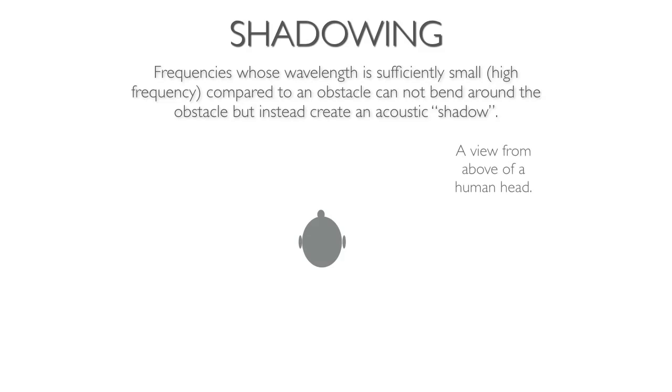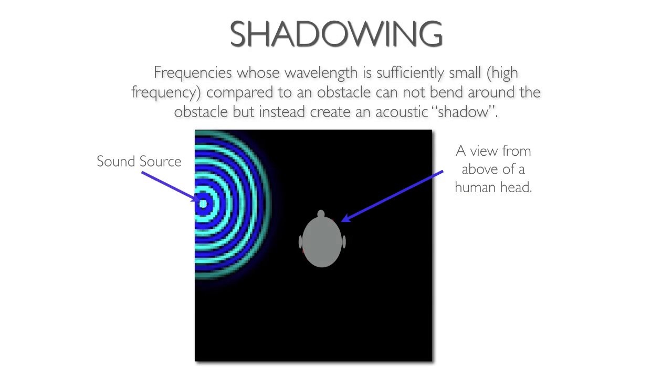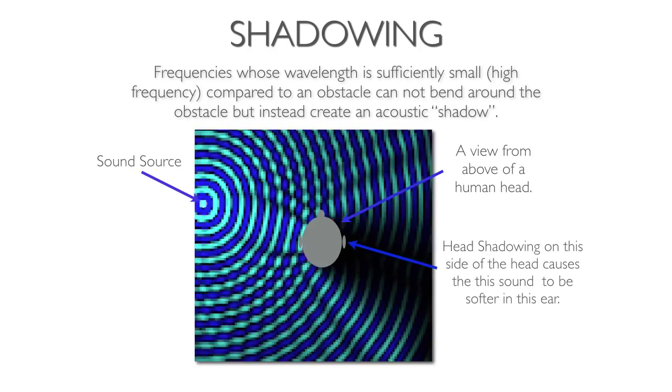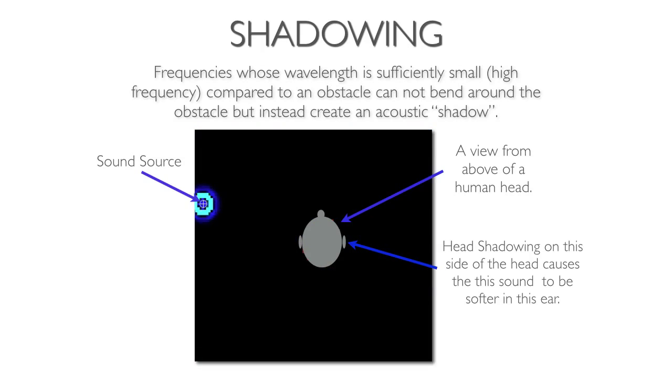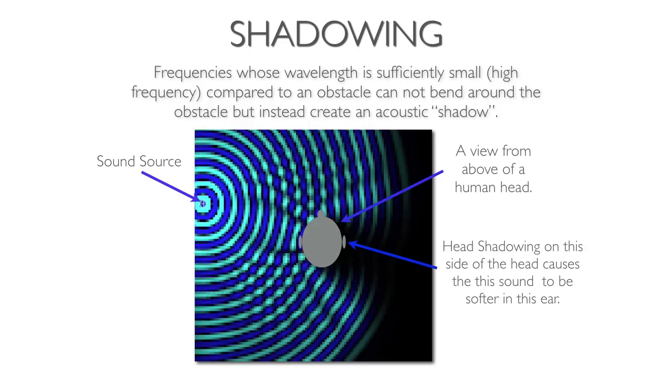But as I was saying, if we were listening for the cymbals, those cymbals tend to have high frequency waves. And in that case, we can have what's called an acoustical shadow. So what we're showing in this example is a sound source on the left of this head. We're looking down on a head here.